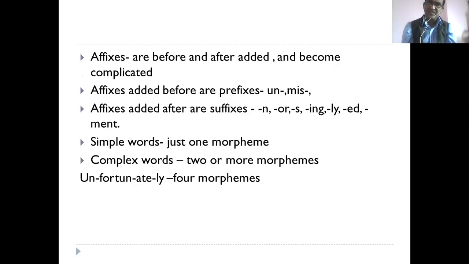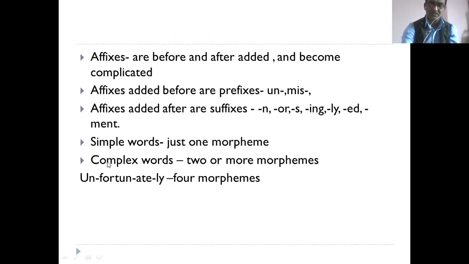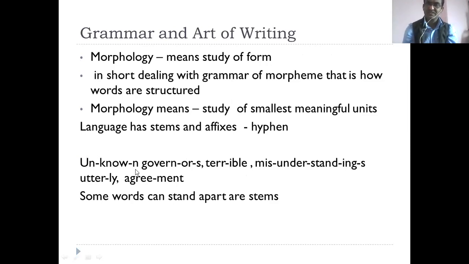Affixes are added before the stem or after the stem, and affixes are used to make a simple word more complicated. Just like know is a simple word, while unknown is a complicated word. Govern is a simple word. Governor, governors are complicated words.